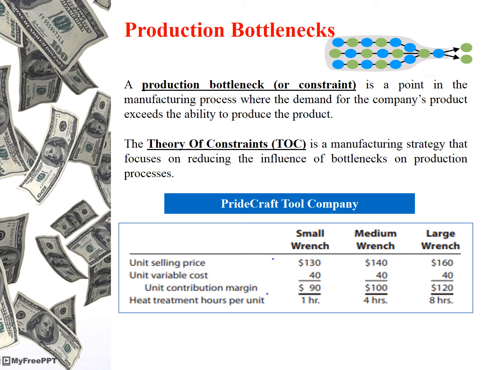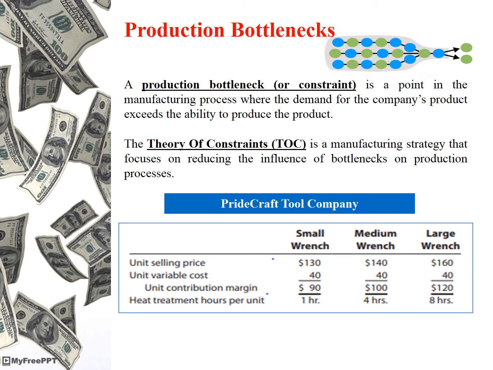When a company has a production bottleneck in its production process, it should attempt to maximize its profits, subject to the production bottleneck. In doing so, the unit contribution margin of each product per production bottleneck constraint is used.